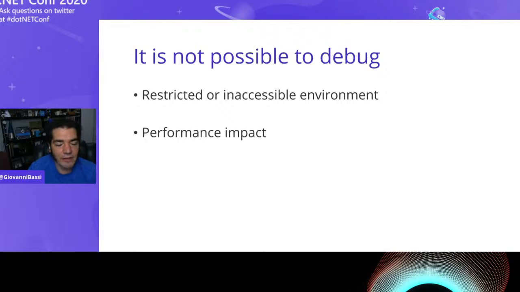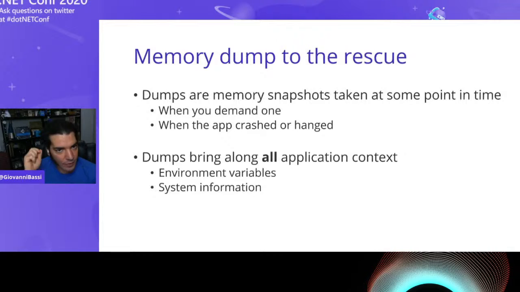So in this case, you basically have a problem in production that you cannot solve the usual, easy way. Memory dumps come to the rescue. You take a picture of the memory, and you get to see everything that's going on within the application. You can then bring this dump to your machine and analyze it.